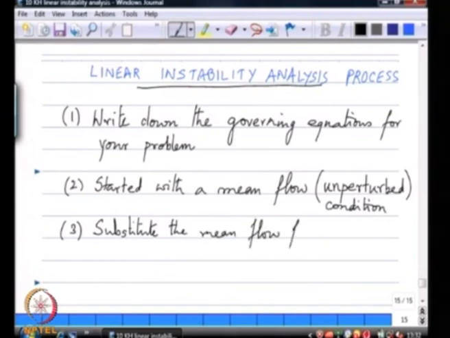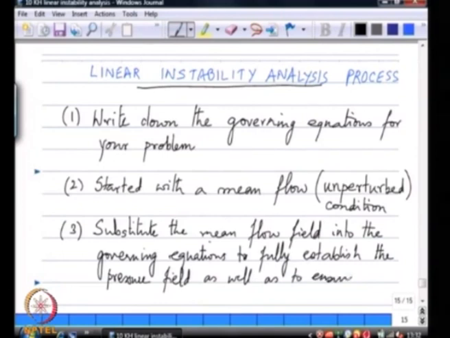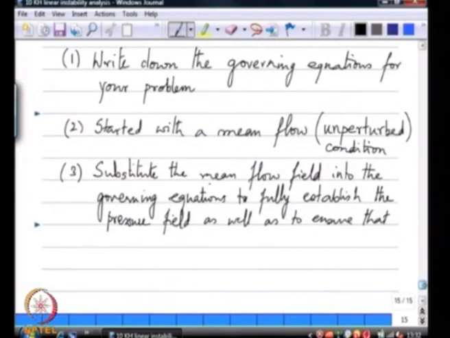Then we substituted the mean flow field into the governing equations to fully establish the pressure field, as well as to ensure that it is a solution to the governing equations.